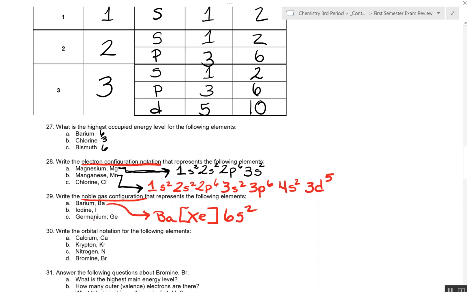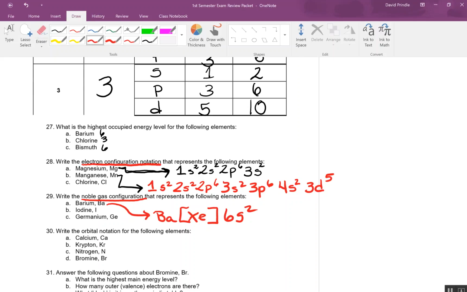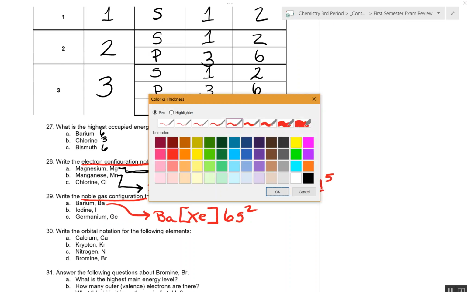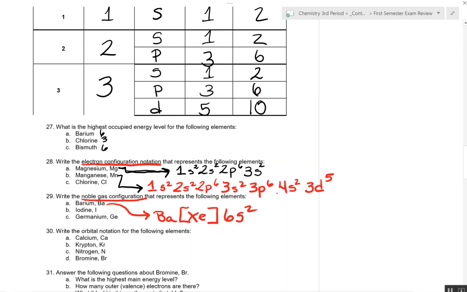Let me change colors and we'll do germanium. So germanium, I'm going to go way over here. What is the noble gas before germanium? Argon. Going down to the next line, what energy level are we in? 4.